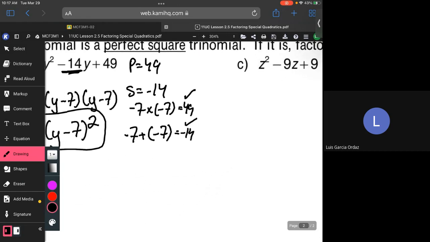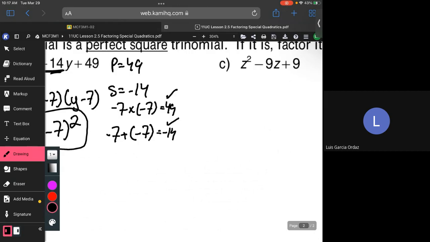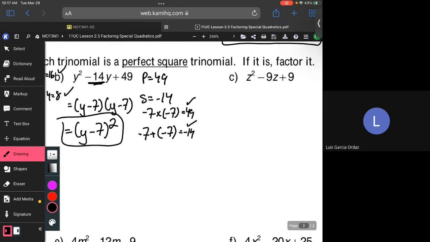Okay, and then the last one, let's see if you guys can do it on your own. z squared minus 9z plus 9.